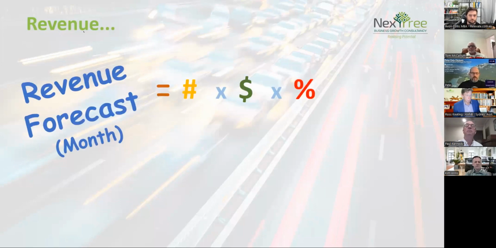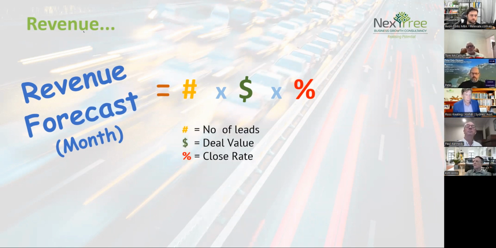And revenue. Now, this is the revenue forecast, and I'm going to show you briefly what this is because I'm conscious of the time. There are only three numbers that give you the revenue forecast. The number of leads, and I'm calling a lead anything that comes into the business from which you think you might get business. The average dollar you might sell to that lead, and your conversion rate.